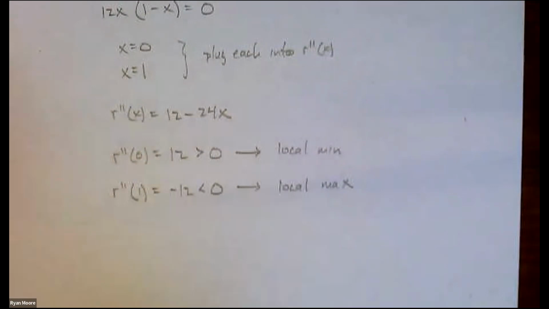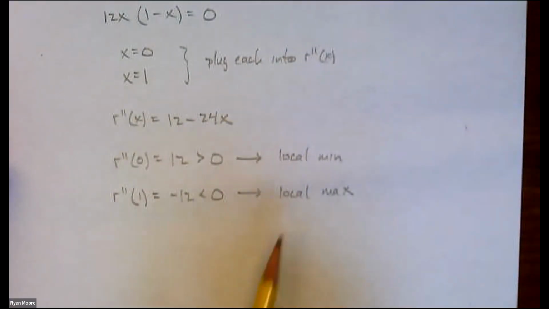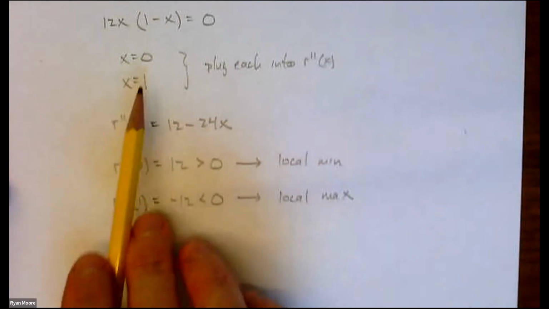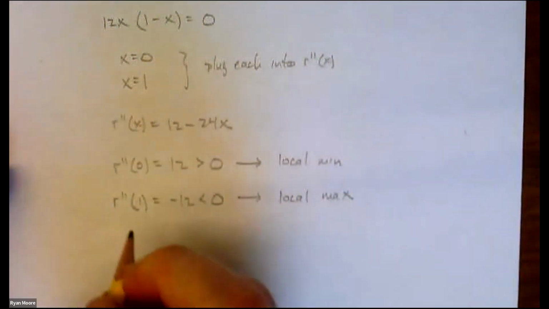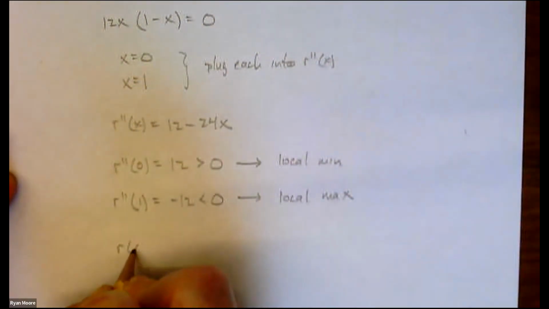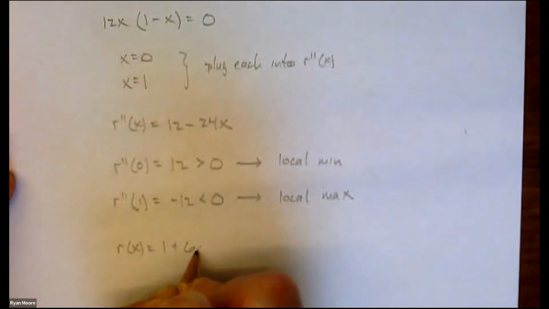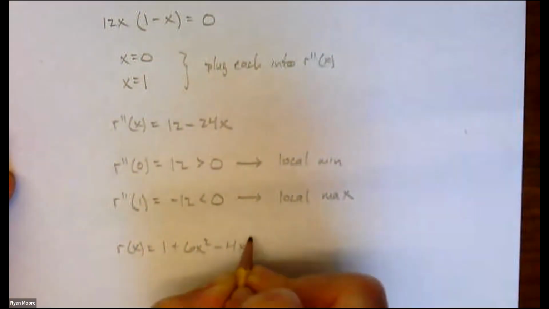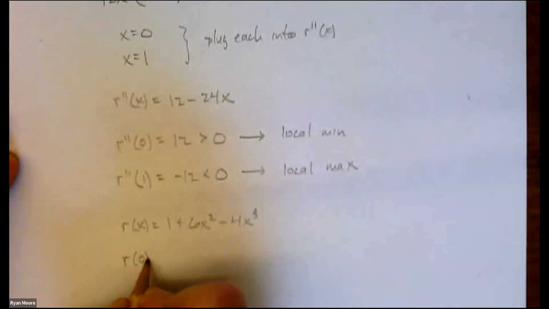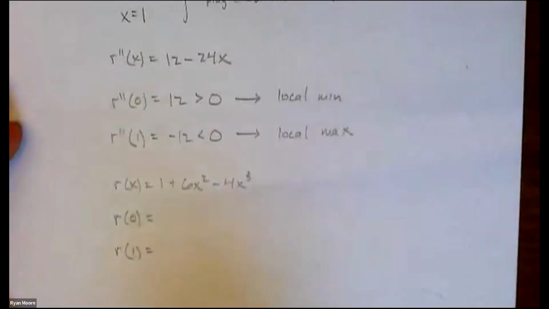We're not done yet. We want to find the y values, the r values. Now that we know whether they're maxes or mins, we can take those same numbers and plug them back into the original, 1 plus 6x squared minus 4x cubed, to find their y values.